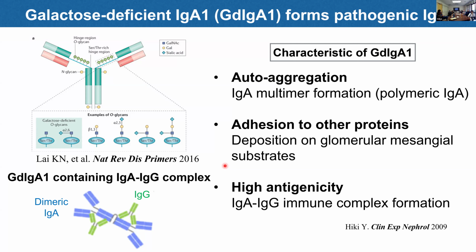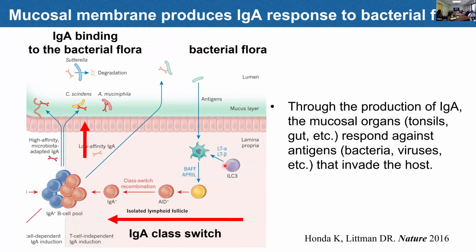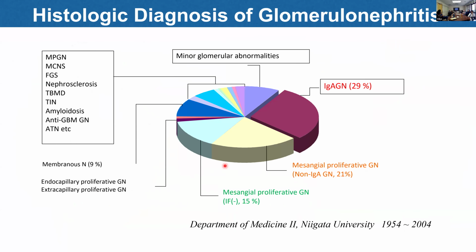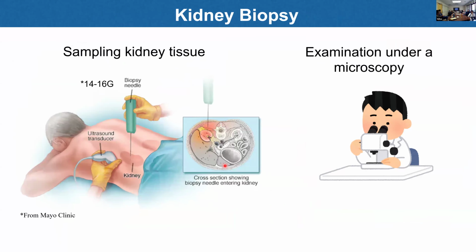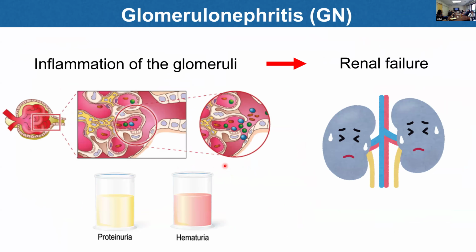Another point is you talked about diagnosis using proteinuria and hematuria, right? But some patients have proteinuria less than 1 gram.